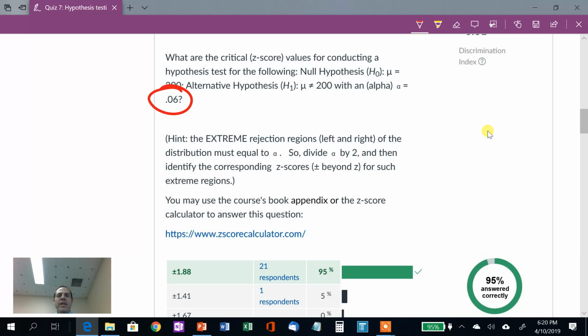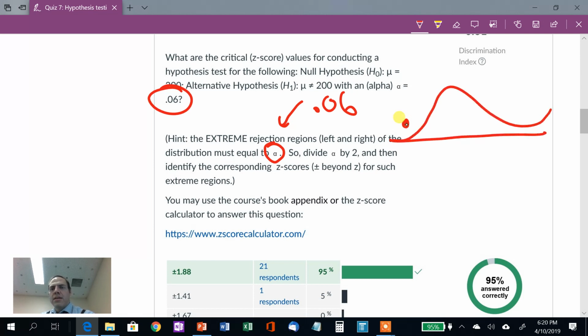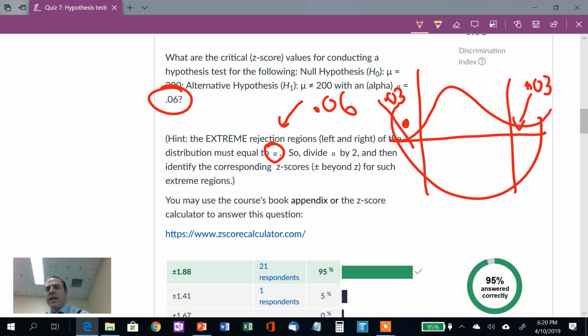Hint, the extreme rejection regions left and right of the distribution must equal the alpha, which in this case is 0.06, or you can divide it by 2, so 1 side. So this side has to be 0.03. This side has to be 0.03. So if you add them together, it's 0.06.